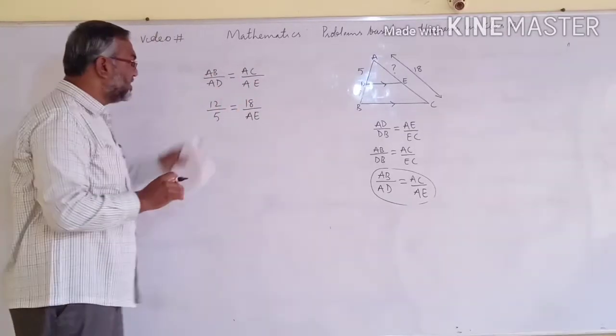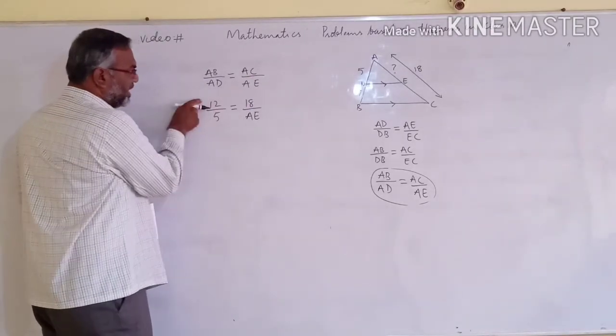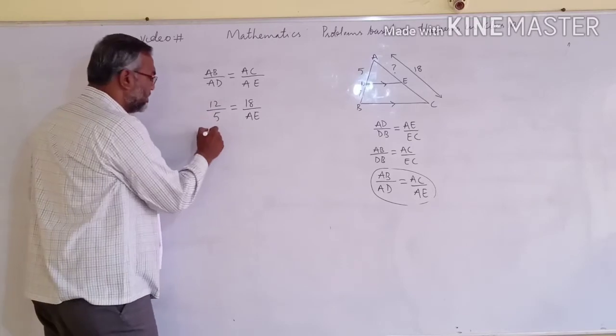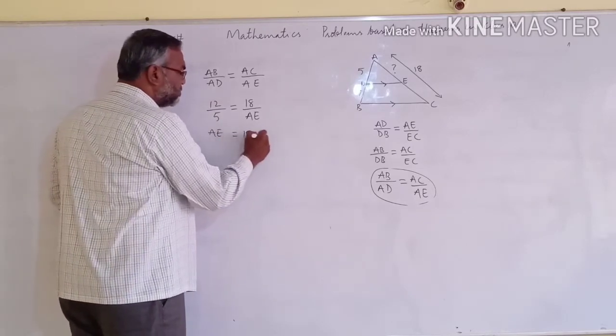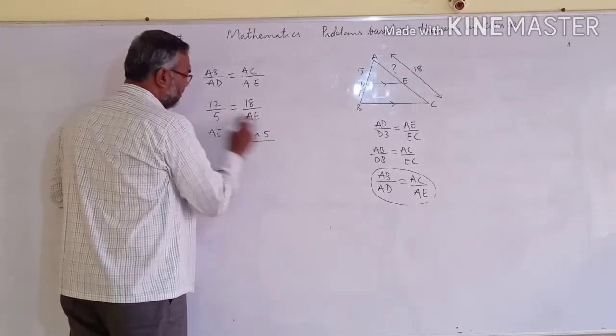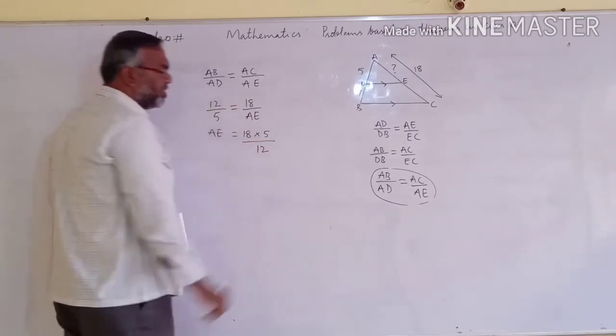That's very easy. Cross multiply: take AE on one side and these two to the other side. AE will be equal to 18 into 5, and 12 will come in the denominator.